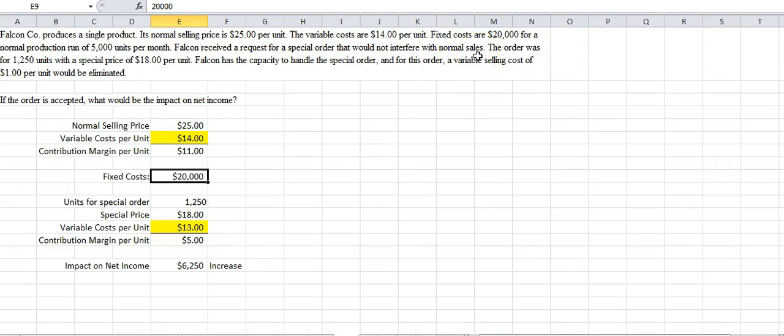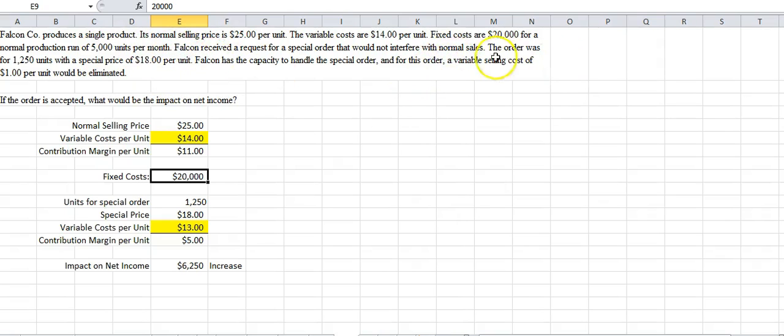So now you have an ability to do a special one-time order. It's not going to hurt your normal sales, so you don't have to worry about whether giving a special price for this customer is going to affect these other sales. If it does, then that's a totally different analysis. But it's telling us that it does not affect normal sales.